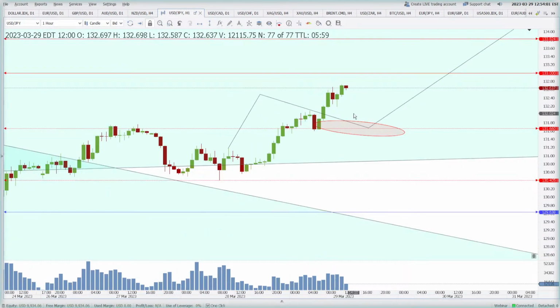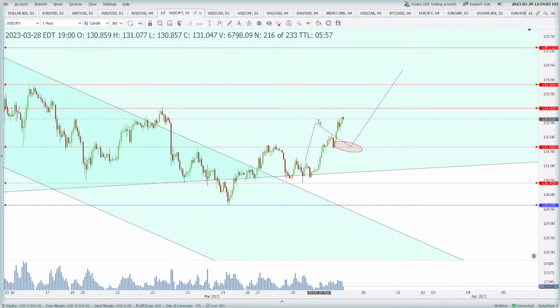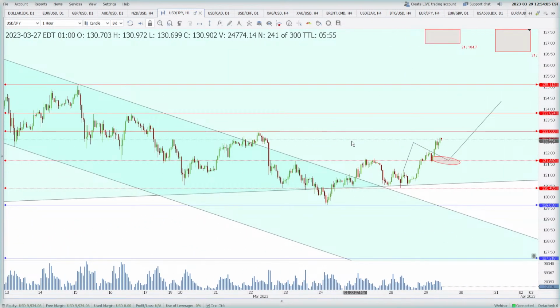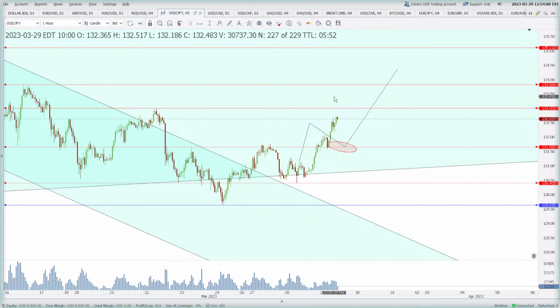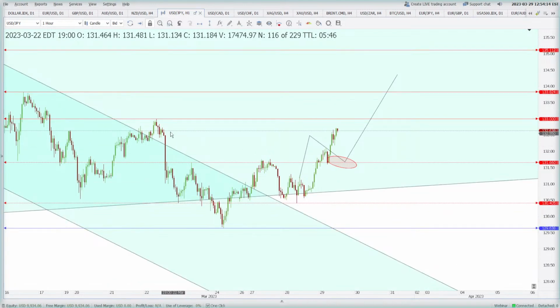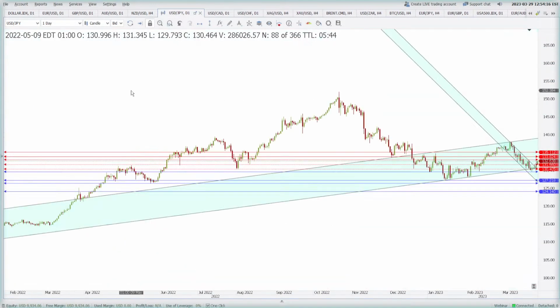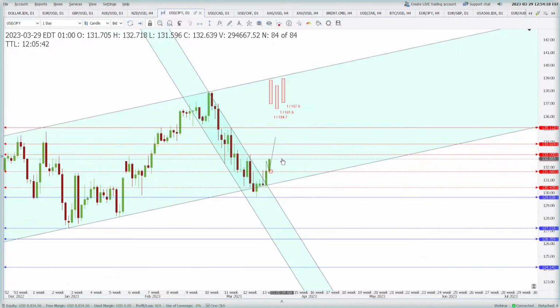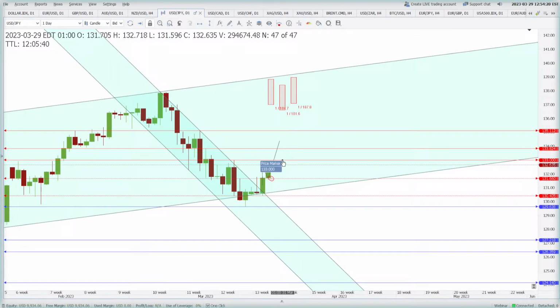That is the level where we are expecting some resistance, because it is a daily level, for one thing. Secondly, if it breaks higher from here, we will turn bullish in USD/JPY on the daily chart. Okay, keep this in mind. That will be a valid structure break on the daily chart if the price breaks higher than 133.00.